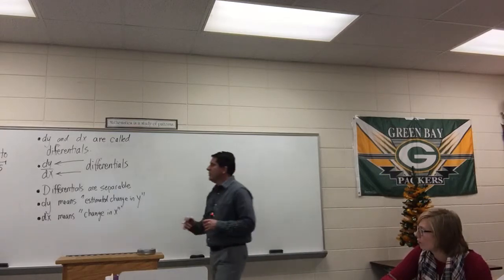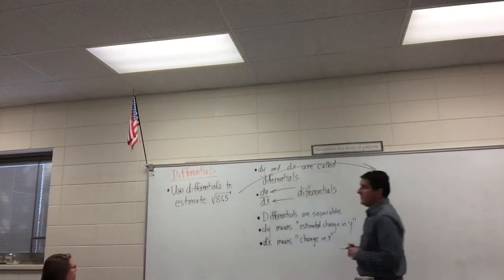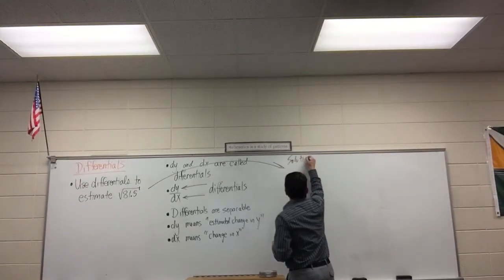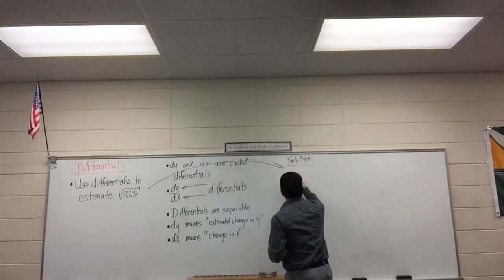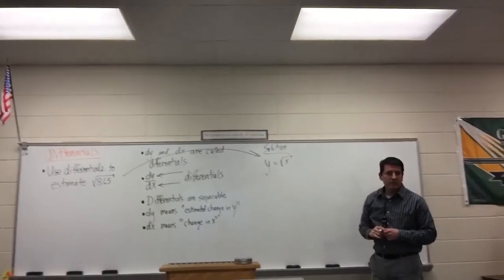Okay? Now watch this. We're going to solve this problem using differentials. It's pretty cool. So y is equal to the square root of x is the function that we're going to use.